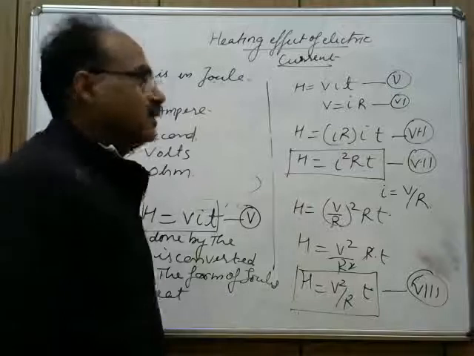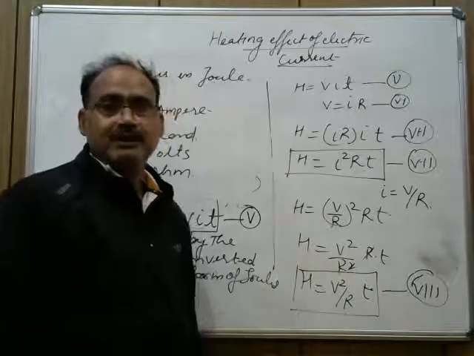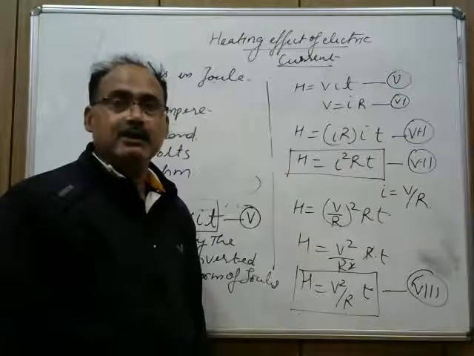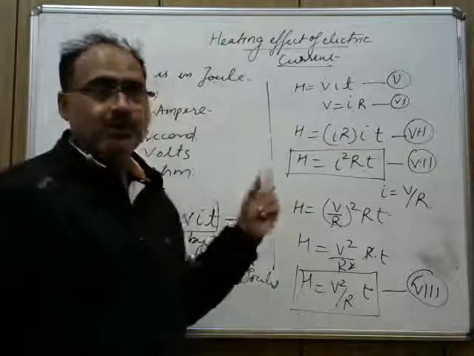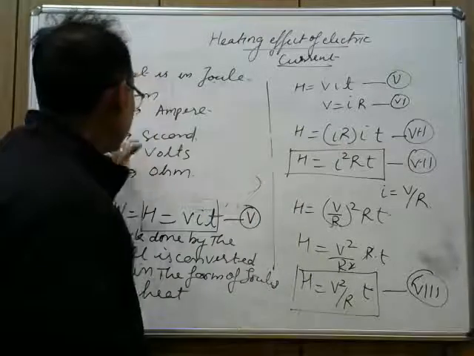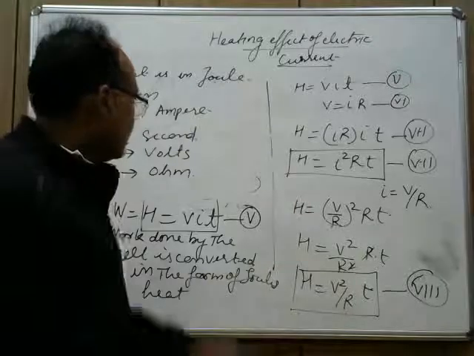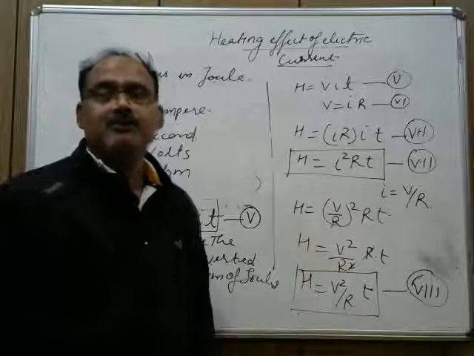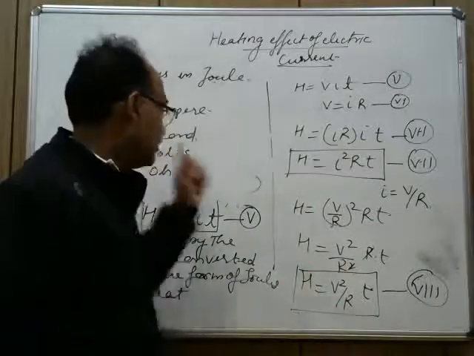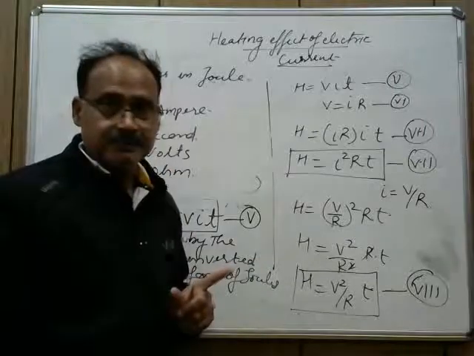So this is the basic and fundamental unit of calculation of energy generated in the conductors, and the quantities which are needed to calculate this heat are current, time, potential difference and resistance. And these are the units in which we will take these quantities for the calculation in the numericals. This is a very important point and it must be learned.